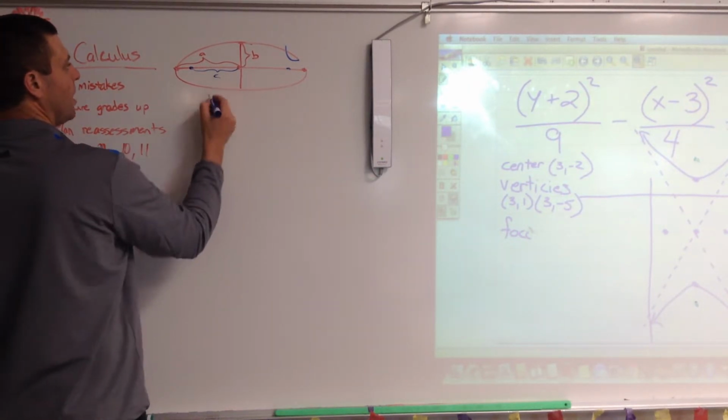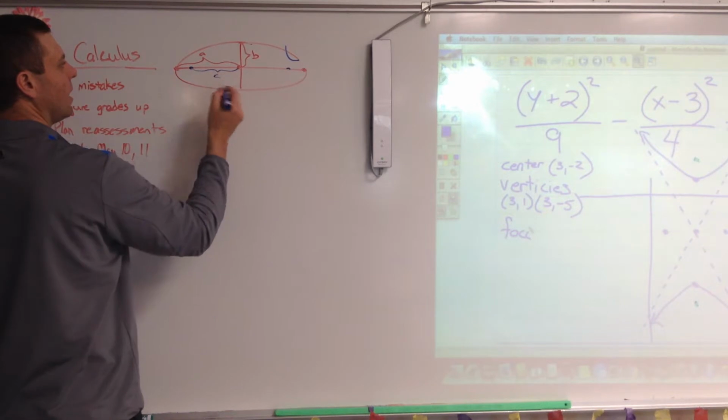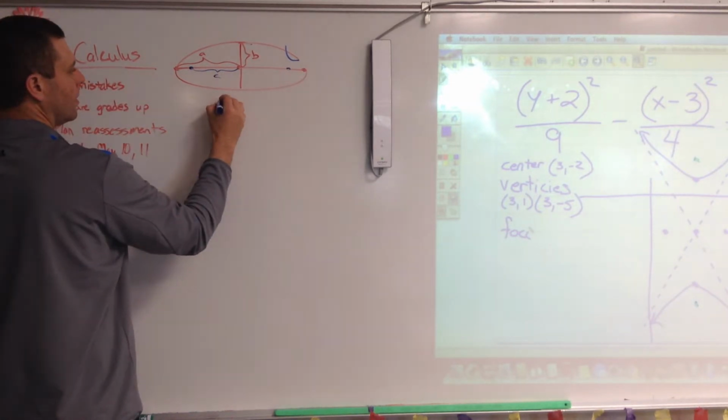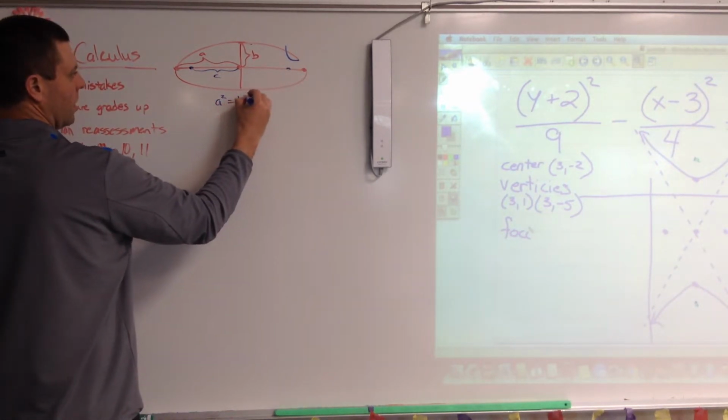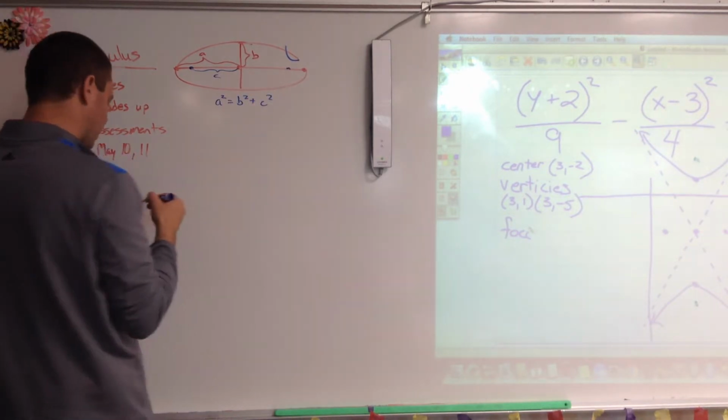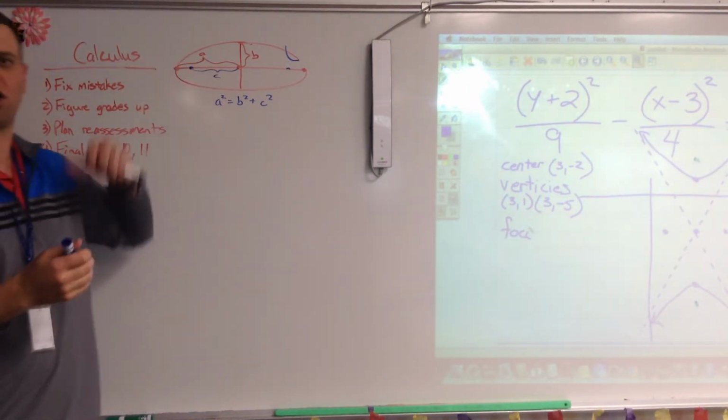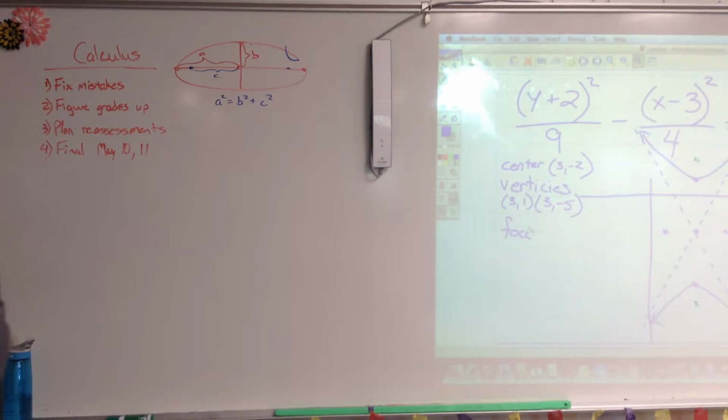That was for an ellipse. And remember the relationship between A, B, and C? A squared equals B squared plus C squared in that instance, because A is going to be the largest value, and then using Pythagorean's theorem, A squared will equal B squared plus C squared.